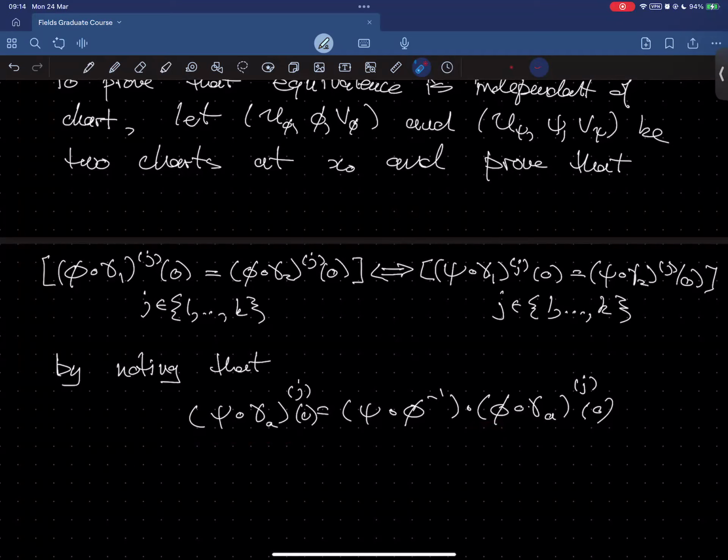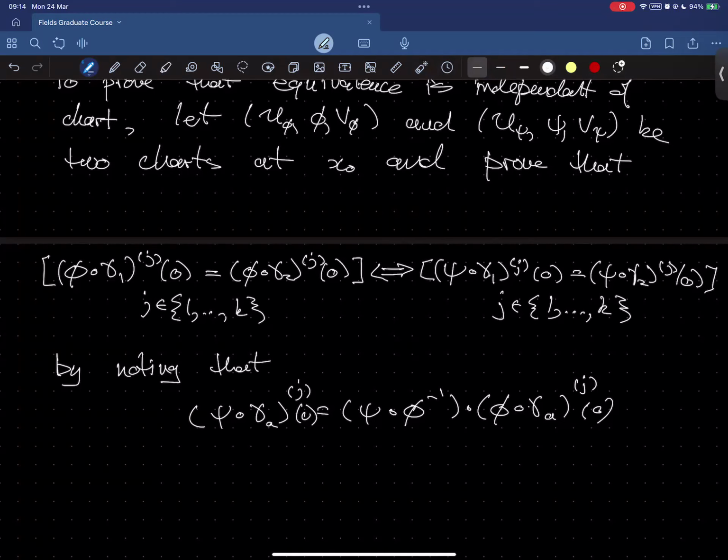So you prove that this is equal for every j going from 1 to k if and only if this is equal for every j going from 1 to k. And you do this by induction on j. For j equals 1, this is the tangent bundle case. And then for j equals 2, you have to use the formula that relates the second derivatives, and we've talked about that formula.